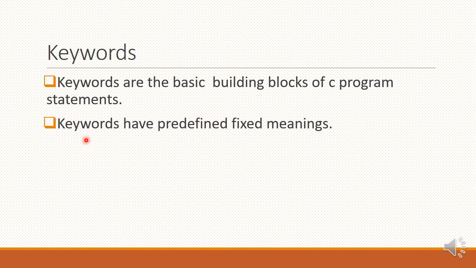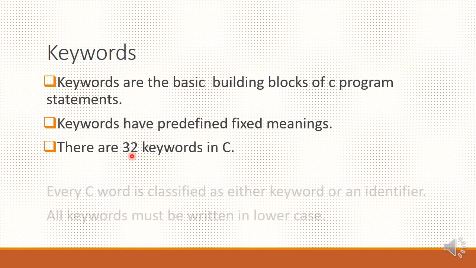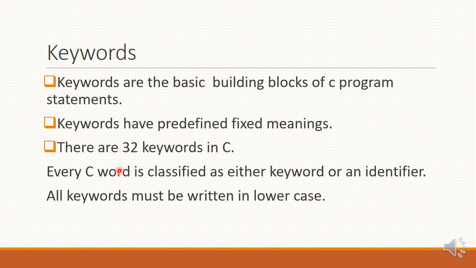Keywords have a predefined fixed meaning; it is already designed and defined. That is why we say that keywords have predefined fixed meanings. And in the C language, there are 32 keywords. How many keywords are there? 32 keywords are there in the C language.